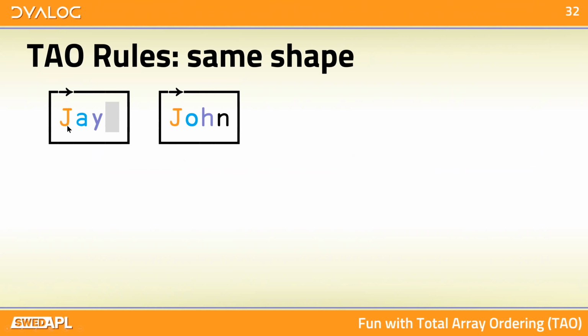So we look at J versus J, and they're the same, so we proceed to the next scalar. It could have been anything because we now know the ordering of scalars. Then we have an A versus an O, and we have a decision that the name J comes before the name John. But notice there's a blank at the end because they have to have the same shape. We still haven't established the rules for comparing things that have different shapes.